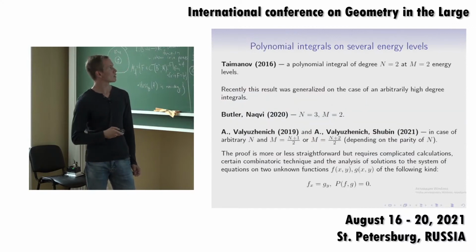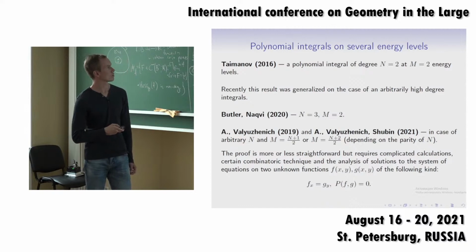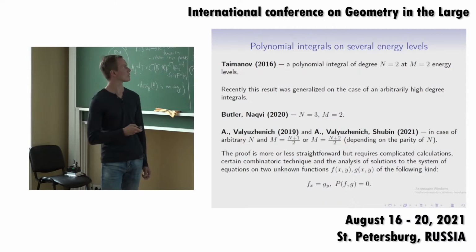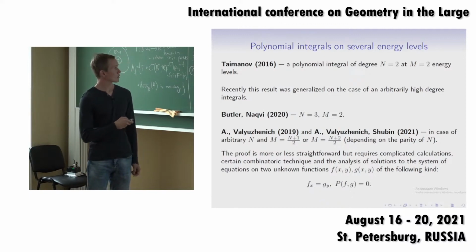And after that, this result was generalized to the case of an arbitrary degree. If we have a cubic integral on two different energy levels, then a similar result was obtained in the work by Professor Butler and Naqvi, his student.